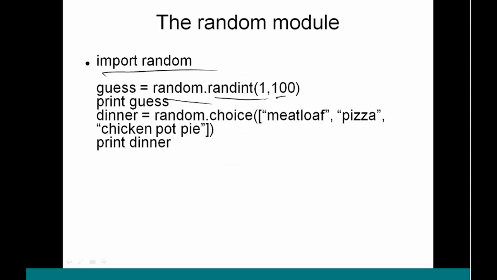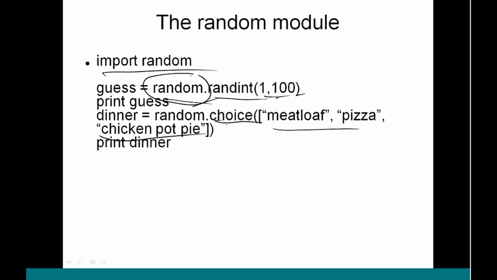This is essentially a random number generator between 1 and 100, and then we can print that. We can also specify random.choice, pass a list, and print the dinner, and it randomly picks one amongst those three.